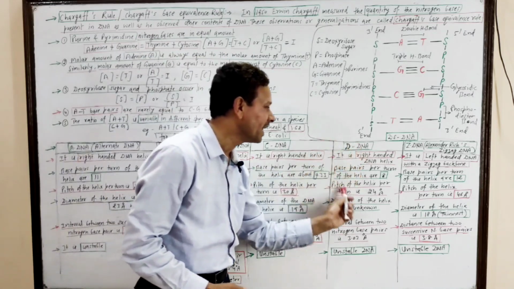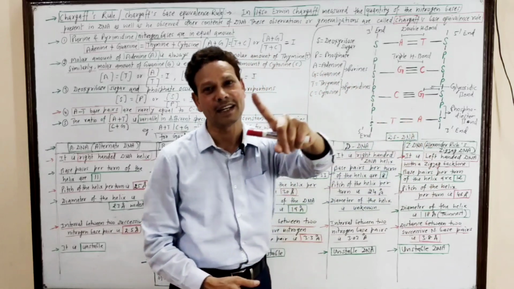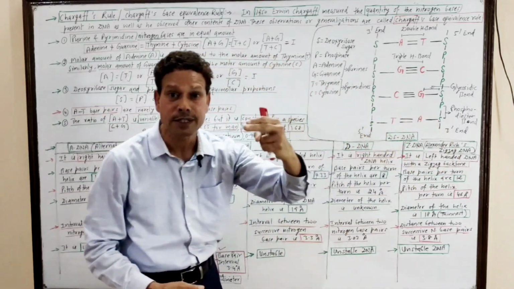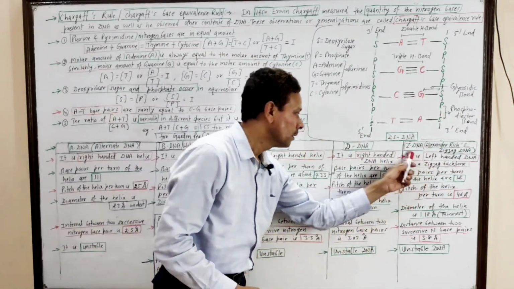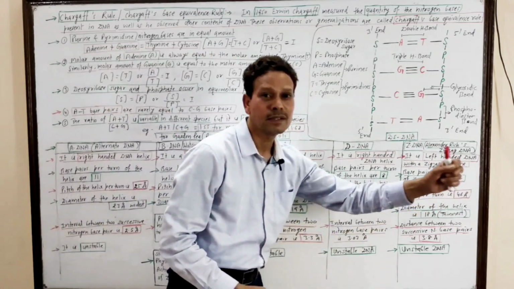In case of D DNA, the number is only 8. But in case of Z DNA, the zigzag DNA of Alexander Rich, which is left-handed, the number of base pairs per turn is 12.